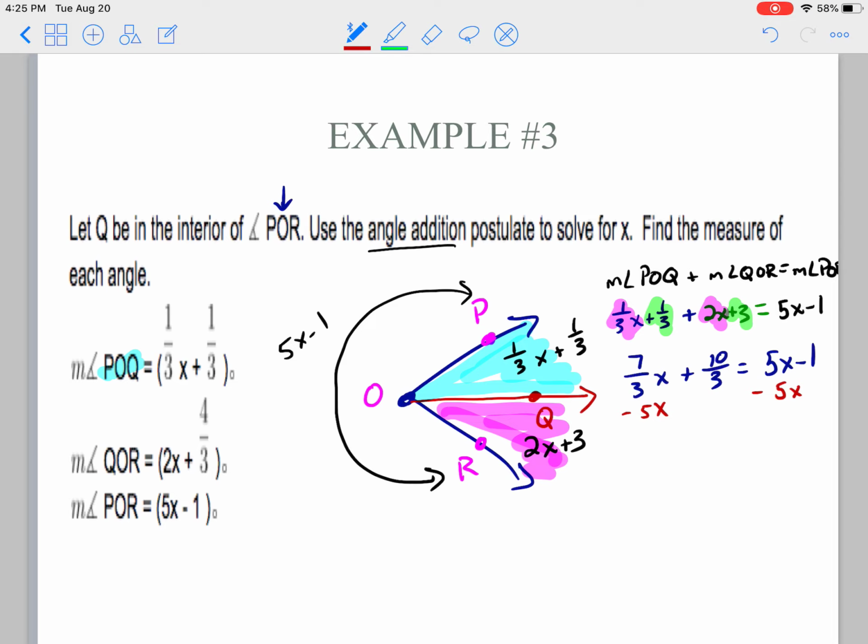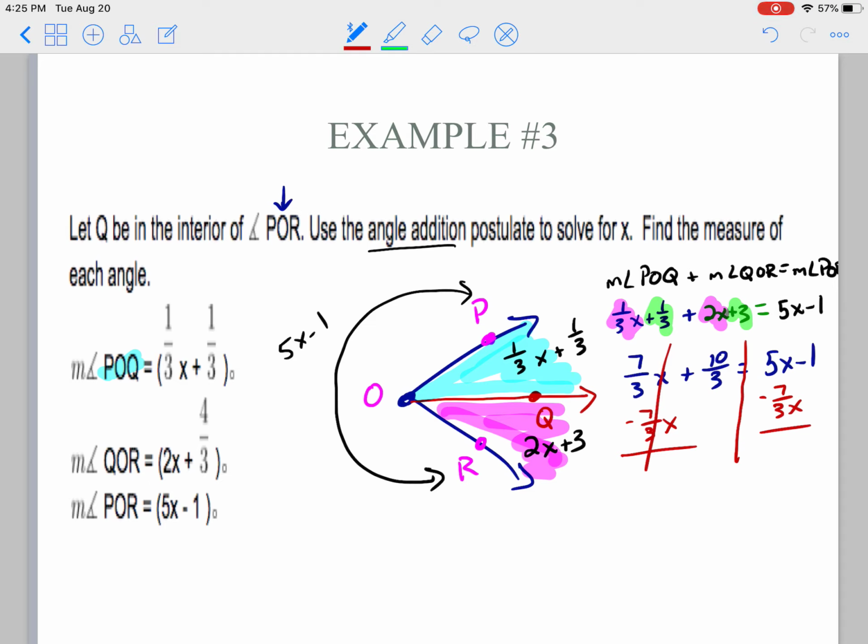So as not to have to use a fraction, or to not have to use a negative, better yet, let's actually subtract, rather than subtracting the 5x, let's subtract 7/3 x from both sides.